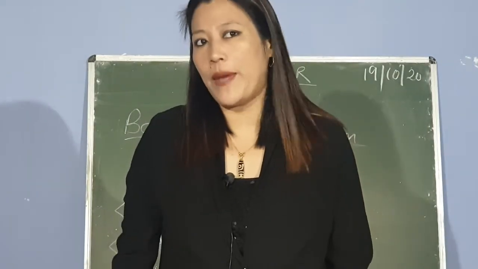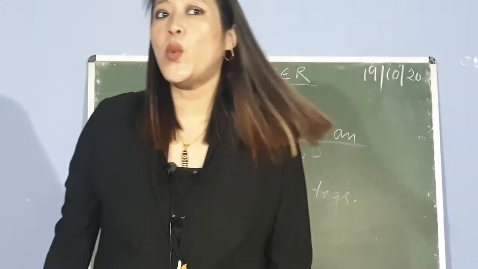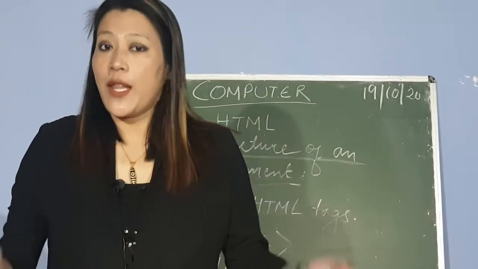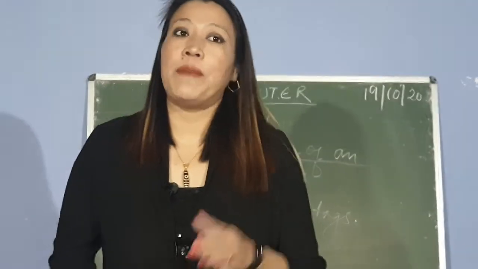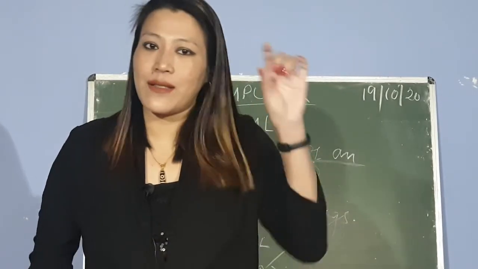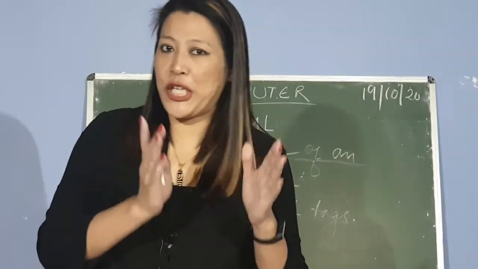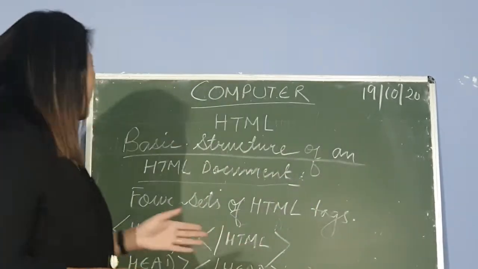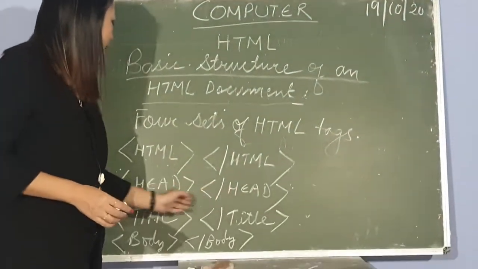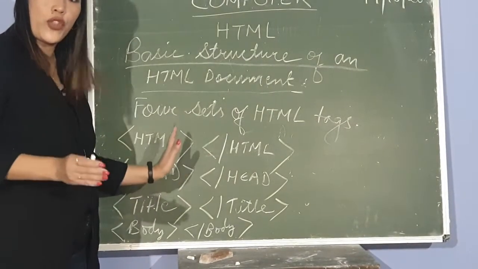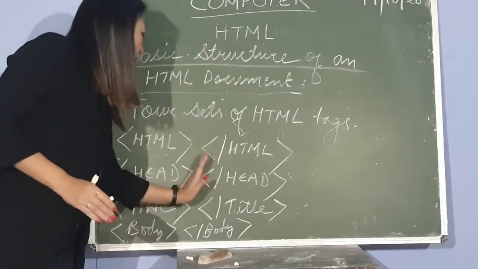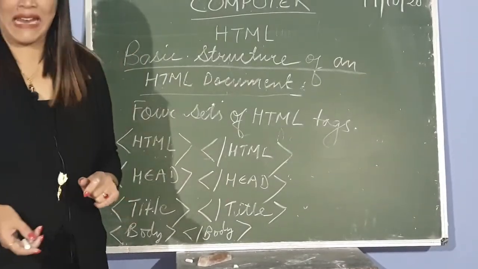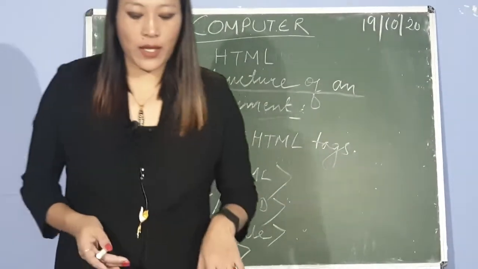So, like you are making a web page and you want to give a title to the web page, that title will not be displayed on the screen, but that title will come on the title bar. So, that particular title or author name will be written within the head section. The head section is for that. So, whatever title name or author name you want to write, you will write in between and you will close the head section with the slash, okay.